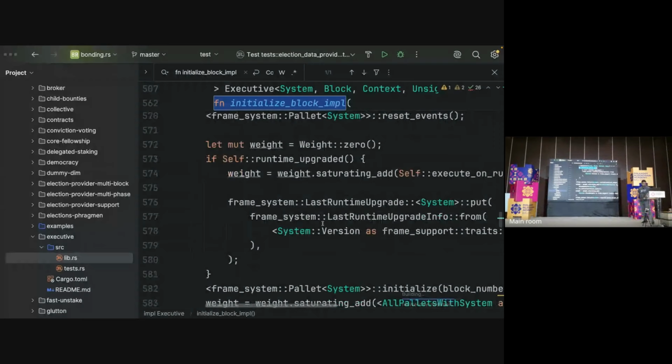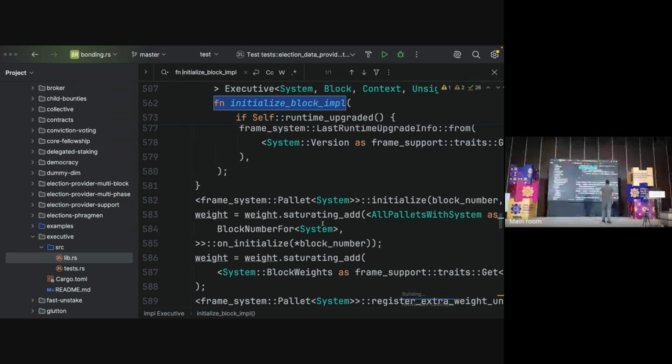So what is it doing? The first thing it is doing is taking system, initializing, calling the system initialize hook. Then it's calling all pallets with system and on initialize with the block number.